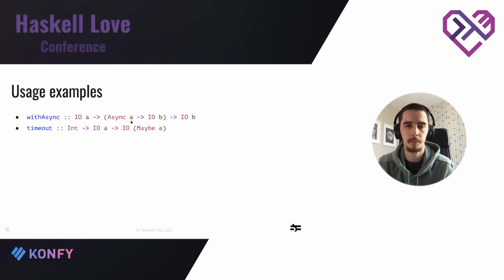This Async a is a handle for this thread, and it runs the IO b action in the current thread. So it guarantees that whenever the parent action stops, the child action will be stopped before withAsync returns. So the child thread can't be left running.